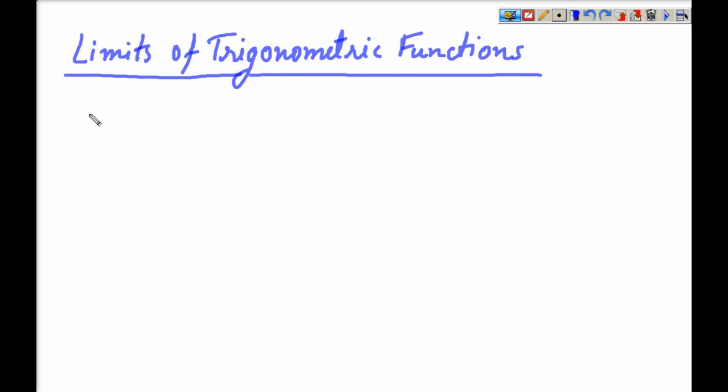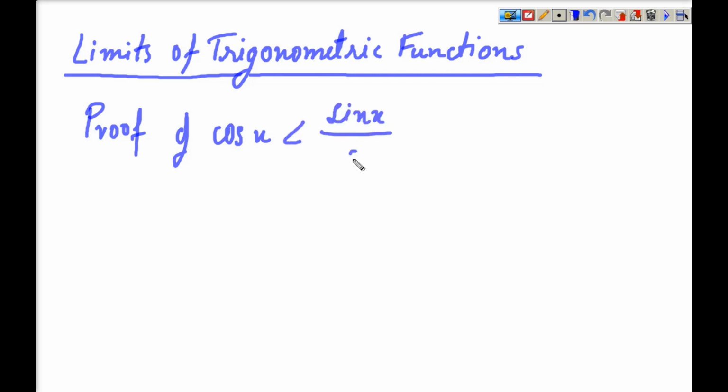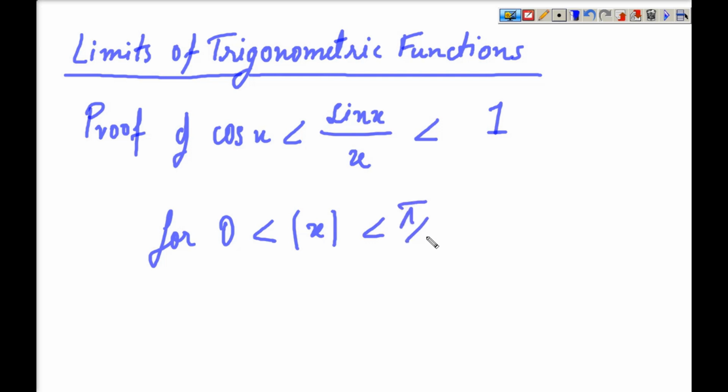So today we have to find the proof of cos x is less than sin x by x is less than 1, when x belongs to or is in between 0 and pi by 2, mod of x.